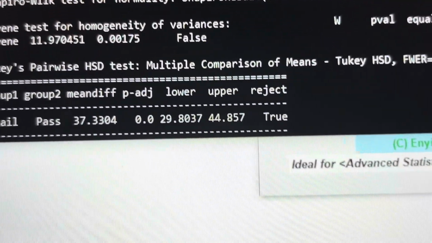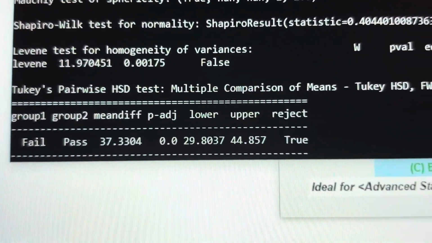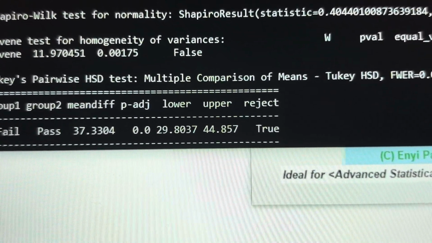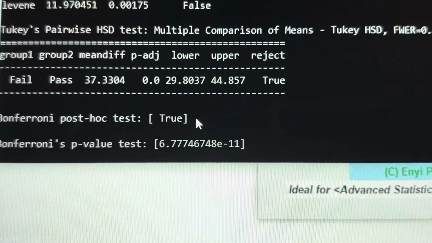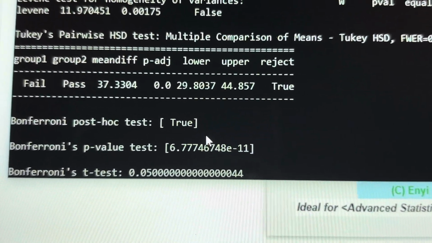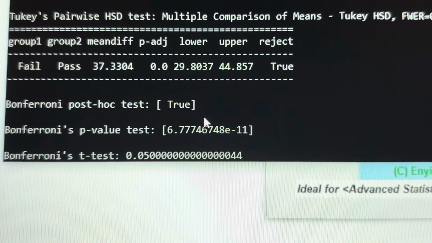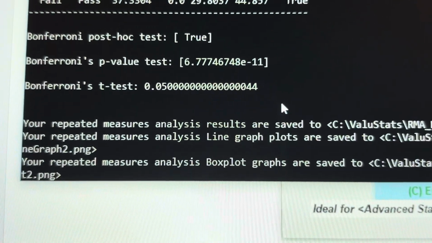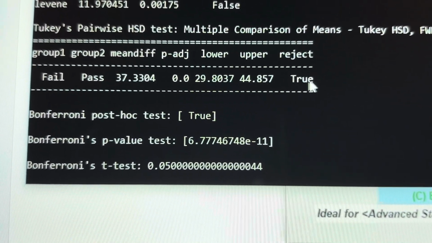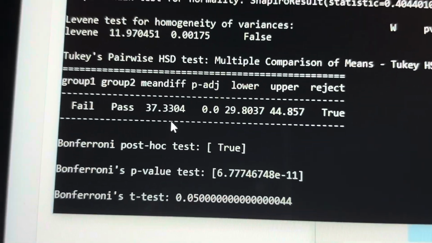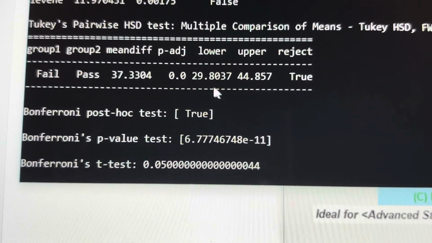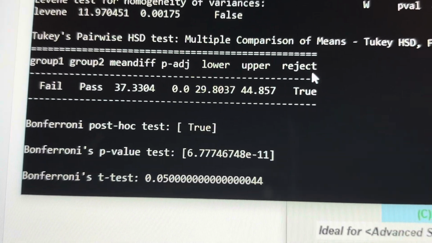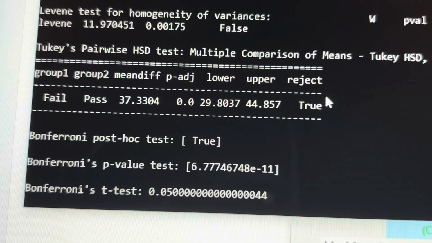Now, Tukey's pairwise HSD test, multiple comparison means, and so on and so forth. Then we have it here, and I think just only one, which is okay. No, there are just only 2. That's fail and pass. So for that reason, you just compared that one, and they said that we should reject the null hypothesis.